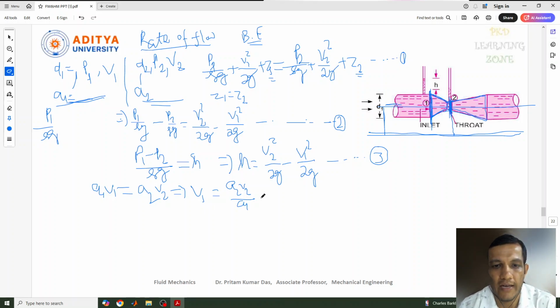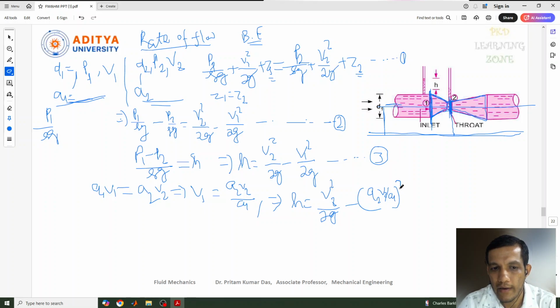Now we'll put this value of V1 in equation 3. Then we get H equal to V2 square by 2g minus, in place of V1, A2 V2 by A1 whole square divided by 2g. Now let's solve this equation.